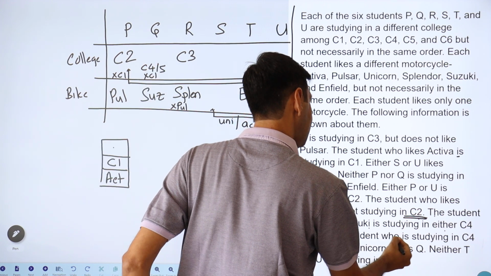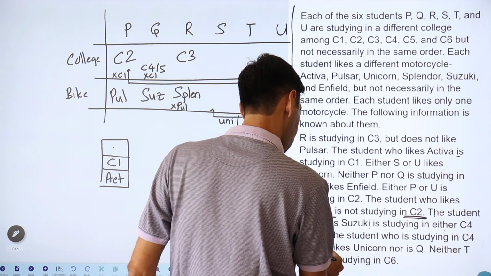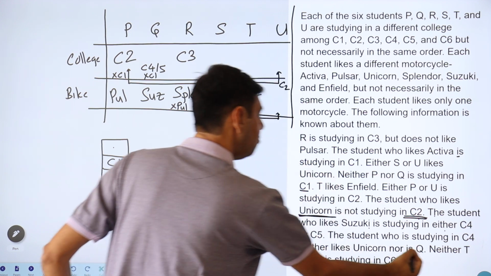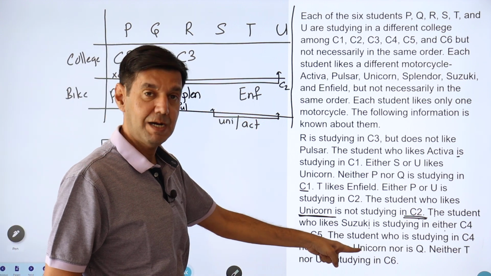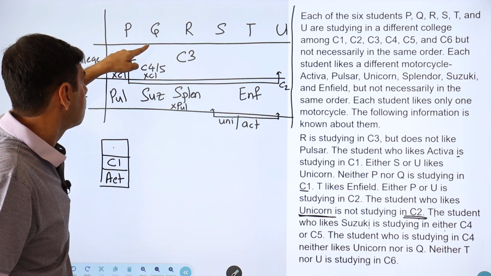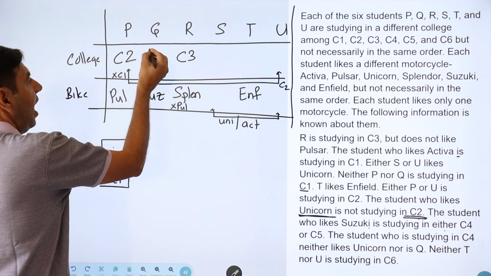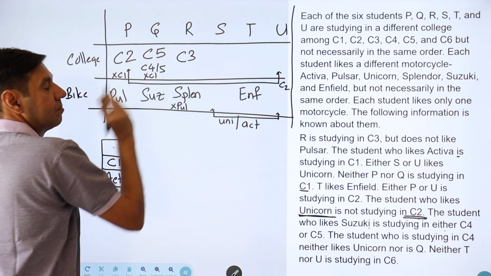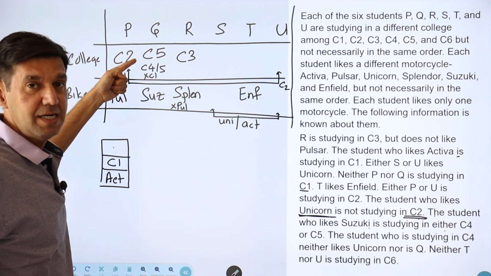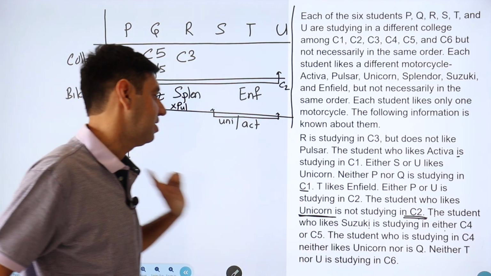I do not know. The student who is studying in C4 neither likes Unicorn nor is Q. So he doesn't like Unicorn. We'll come to that, but is not Q. So this can't be C4. If this can't be C4, this has to be C5. Right? It's directly given it's not going to be C4.